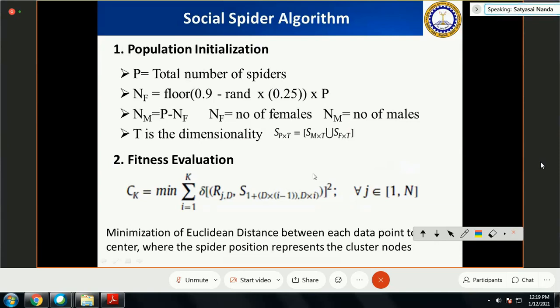Now from the dataset to the cluster center, we establish a relation that is either a minimization or a maximization relation of a statistical function. So over here, the minimization of Euclidean distance can be taken as one of the options.